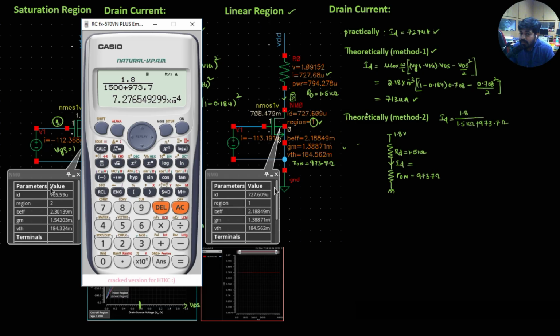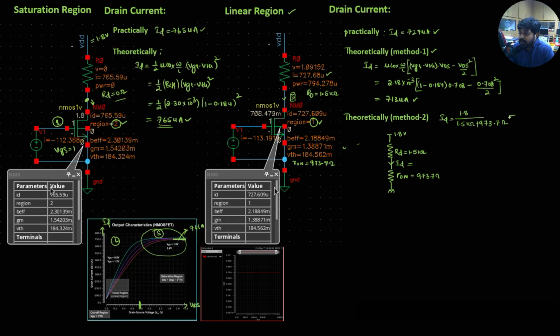So we got it around 0.7 milli, it's around 727 micro. So approximately we get around 724 microamperes. So 727 microamperes is what we got theoretically.